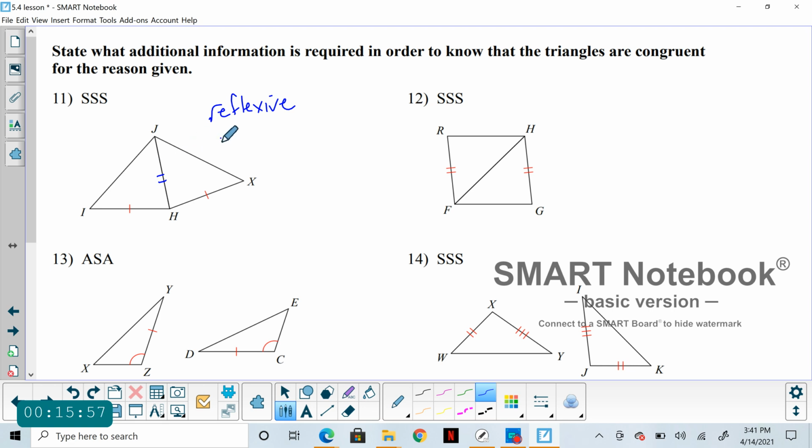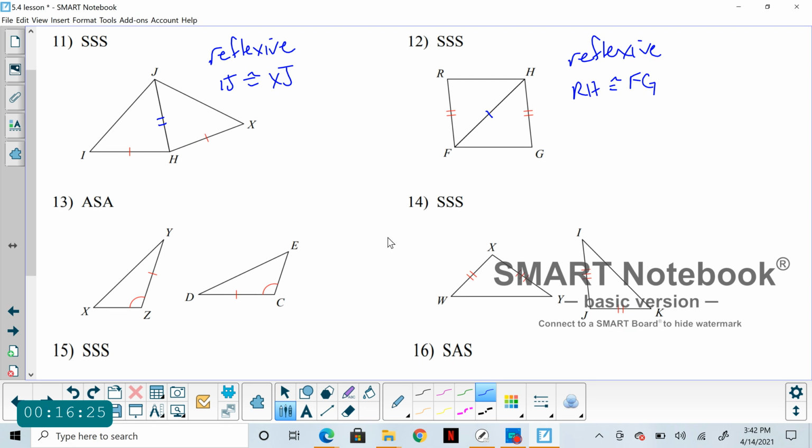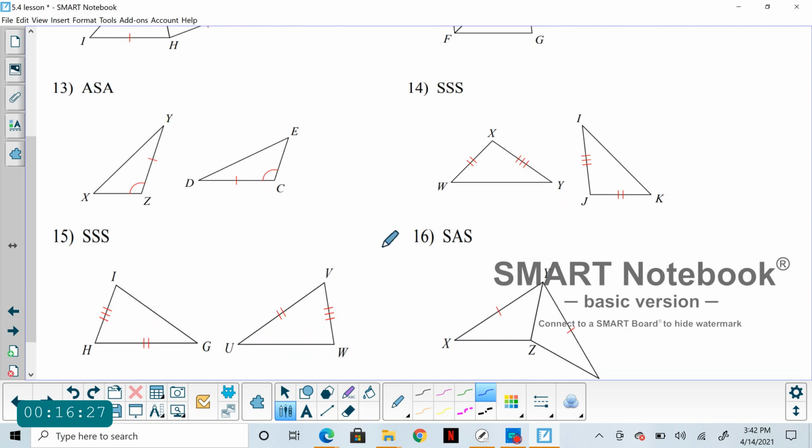So we need to know that IJ is congruent to XJ. Number 12, we can get this one from the reflexive property again. So to get side, side, side congruence, we need to know that RH is congruent to FG.